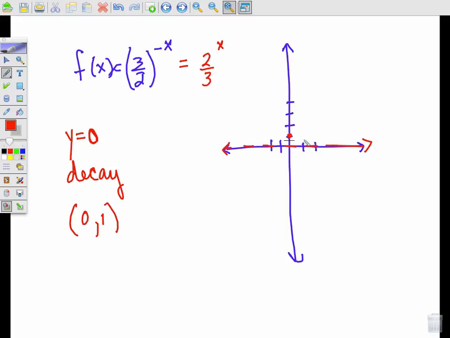So plot that point. If I put 1 in, I get 2/3. If I put 2 in, I get 4/9. If I put -1 in, this would be (2/3)^(-1), which is actually 3/2, so up 1.5.